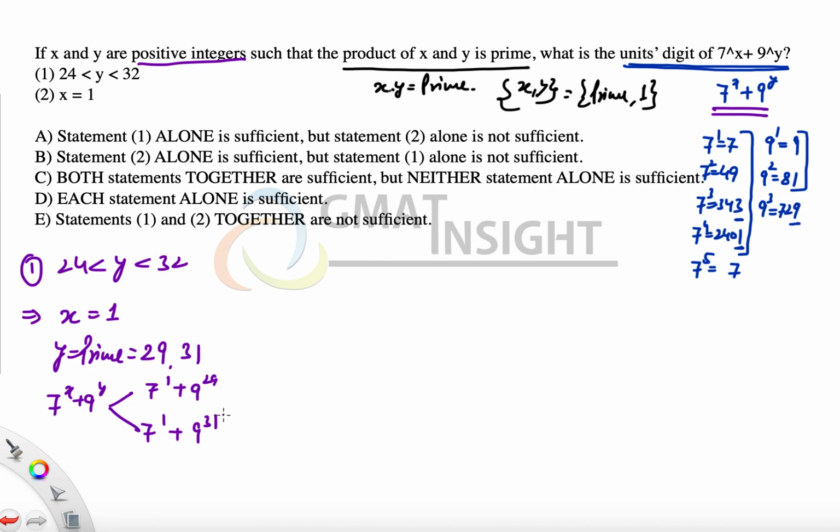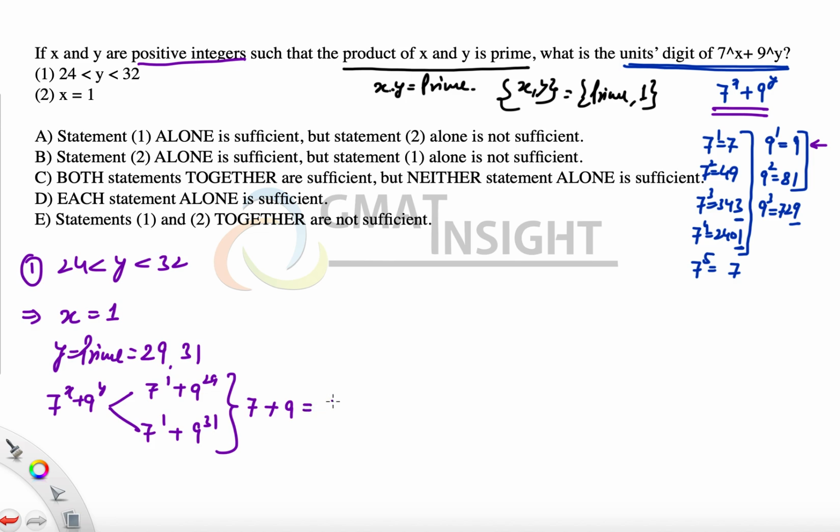The important thing to notice here is that the cyclicity of 9 is 2. So the unit digit of 9 to the power 29 will be the same as the unit digit of 9 to the power 31. 7 to the power 1 will have unit digit 7, and for every odd exponent of 9, the unit digit remains 9.